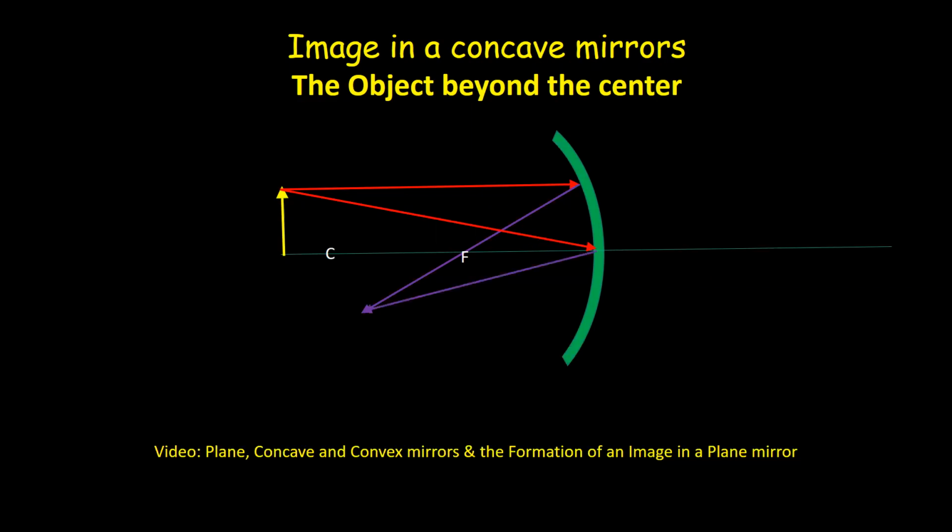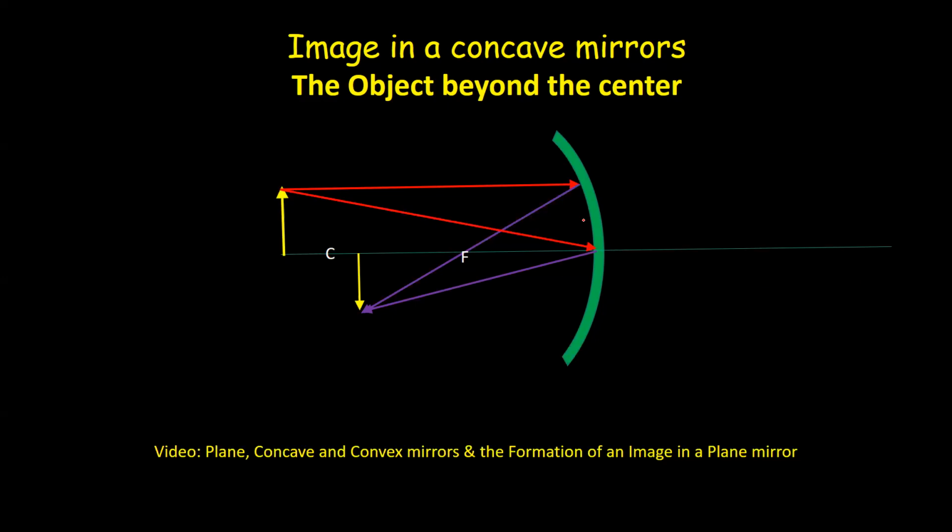The point where the 2 reflected rays cross is the image of our object. As you can see, the image here is between the center and the focal point, and because it's in front of the mirror, it's a real image, it is inverted, and is a little bit smaller in size than the object.